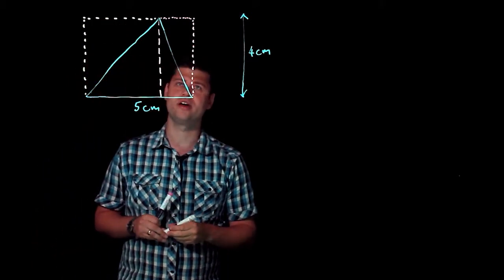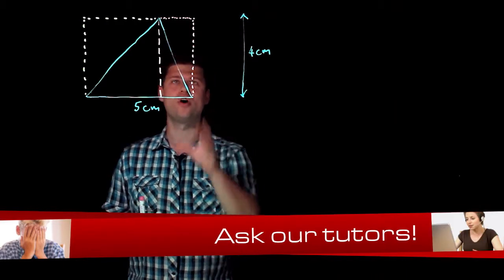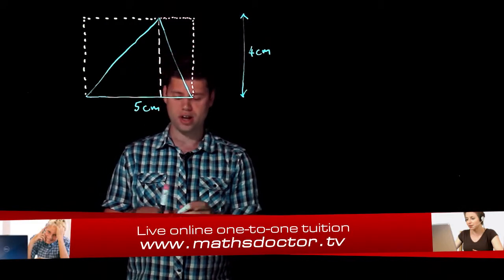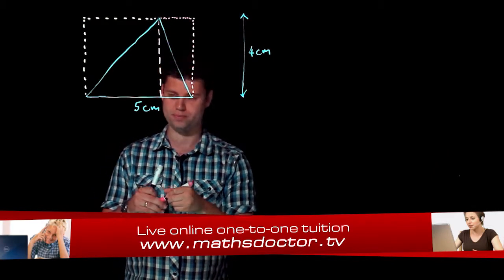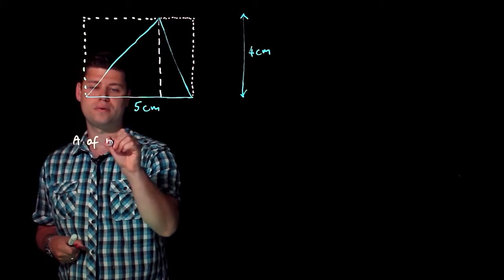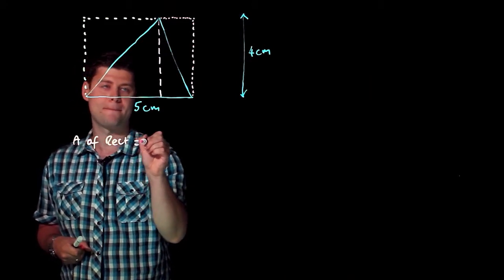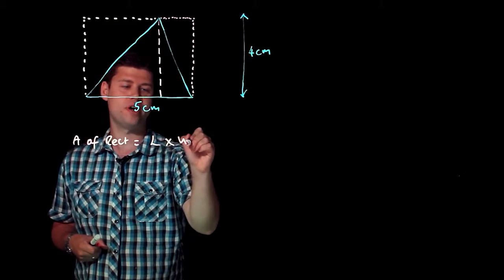this triangle here. Now that I've done that, you can probably see that what we've got here is a rectangle. Now, we should know, hopefully, that the area of a rectangle is the length times the width.